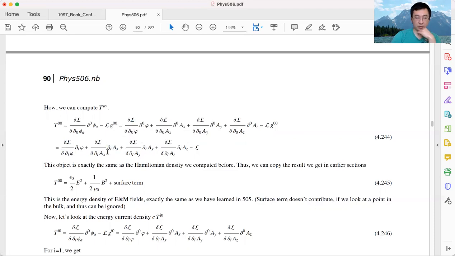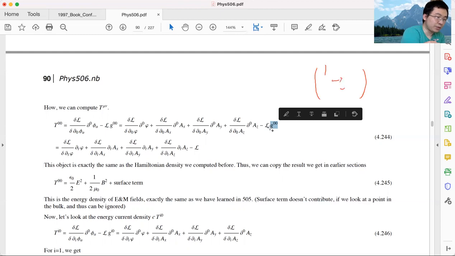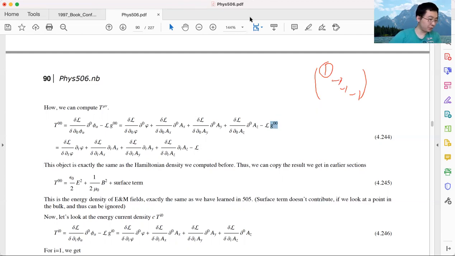That is what we have here, partial t, partial t, and so on. Another simplification is G00. G00 is the 0,0 component of the metric tensor. The metric tensor is 1, minus 1, minus 1, minus 1, and the 0,0 component is plus 1. So we replace G00 by 1. That's what we do here.